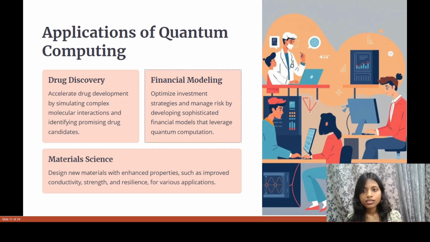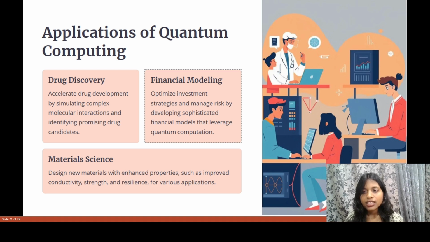Real world applications of quantum computing. Drug discovery. Pharmaceutical companies can use quantum simulations to develop new medicines faster and more efficiently. Finance and risk management. Quantum computers optimize investment strategies, helping banks and financial institutions analyze risk and predict market trends.